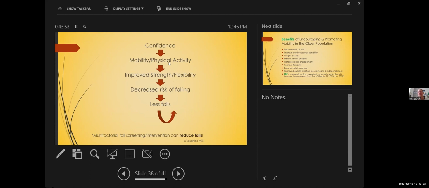So we took what we started with and reversed it to a positive instead of a negative outcome. Research shows that multifactorial fall screening and intervention can reduce falls, not just by increasing strength, but by increasing strength, education, and mobility, if we put it all together.